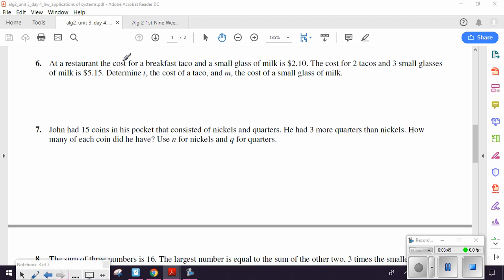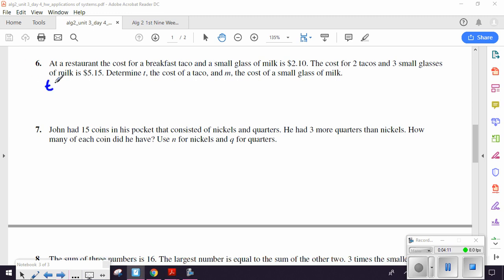Number 6, at a restaurant, the cost for a breakfast taco and a small glass of milk is $2.10. The cost for 2 tacos and 3 small glasses of milk is $5.15. Determine T, the cost of a taco, and M, the cost of a small glass of milk. So again, they're telling us what the variables are going to be.